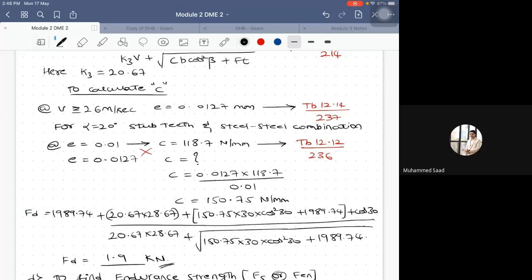So according to the textbook, let me check FD. According to the textbook, it is 6,130.51 Newton, so it is 6.1 kilonewton. Something fishy.